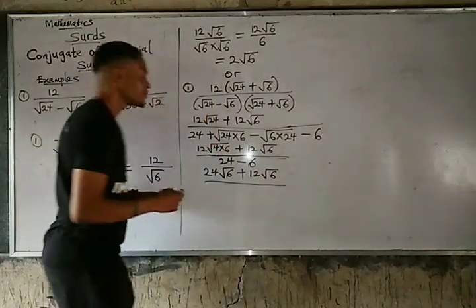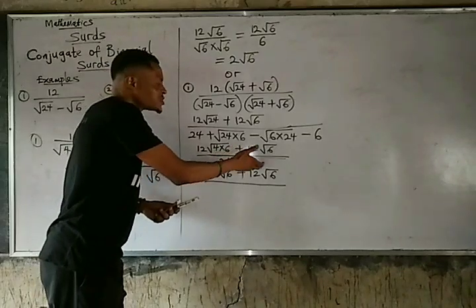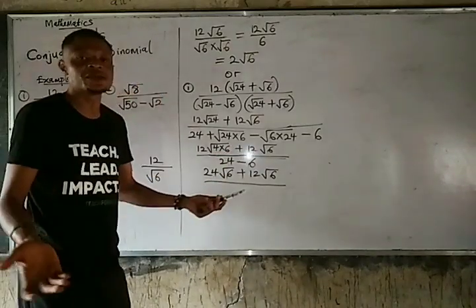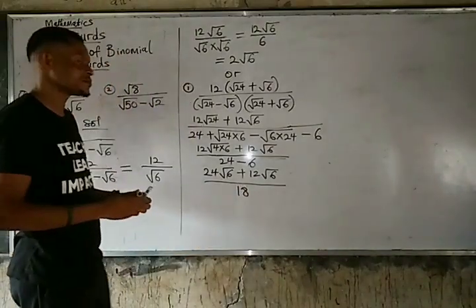Everything all over, now we have 24 minus 6. And 24 minus 6 will give us 18. We have 18 here.